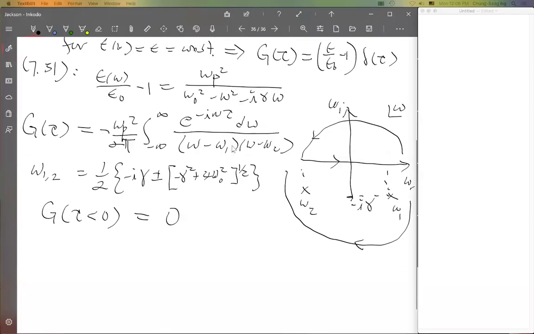For a simple pole like this, it's very easy. It's 2 pi i times the residue. For a simple pole, it's just multiplied by the same factor and you substitute omega equal to the value of the pole. So you're summing over the two terms.